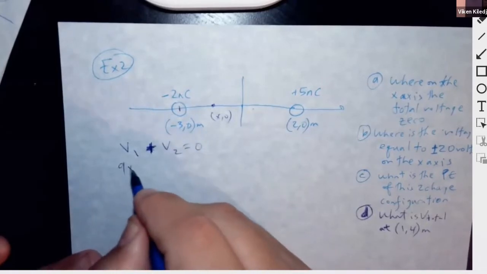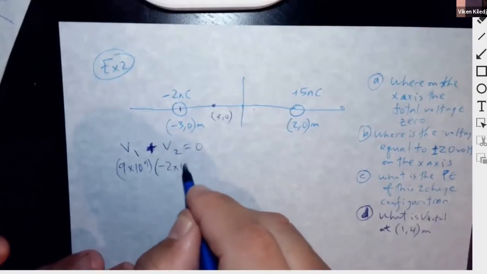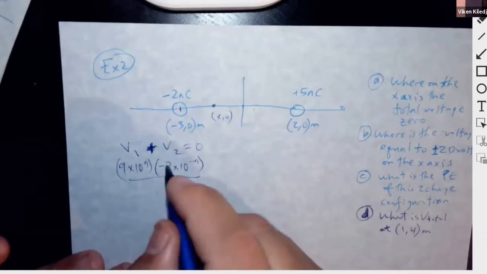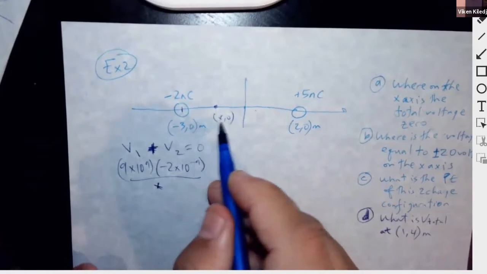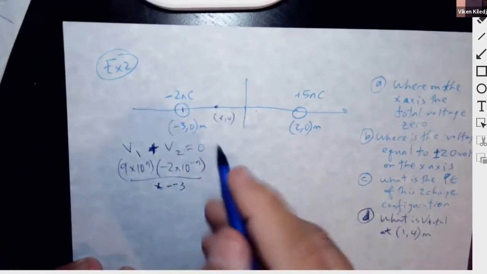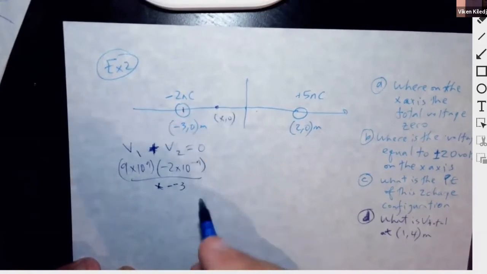So 9 times 10 to the 9th, -2 times 10 to the -9 over x. So then the distance between here and here is going to be x minus -3, the distance equation, right? So it's just this minus this.